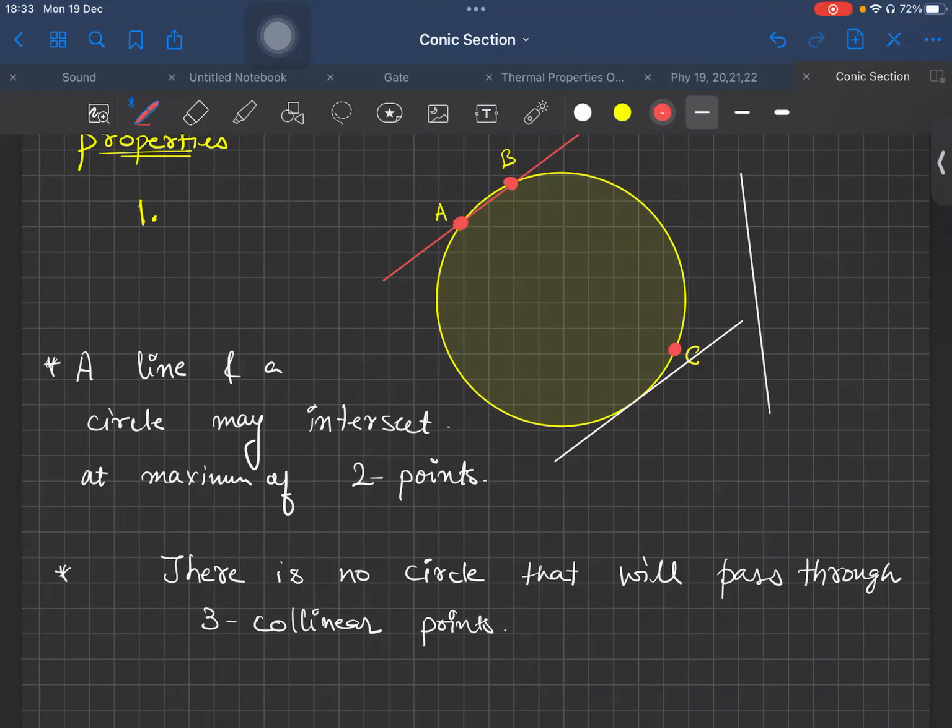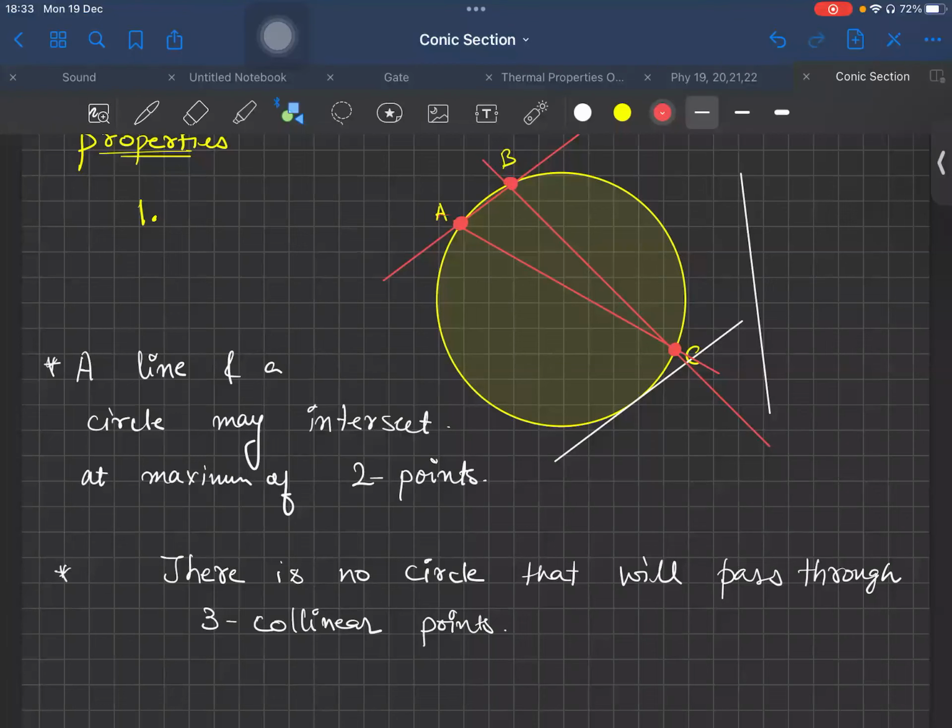You can draw a line from A to B, from A to C, and from B to C, but you cannot draw any line which passes through A, B, and C. That means a circle will always pass through 3 non-collinear points.